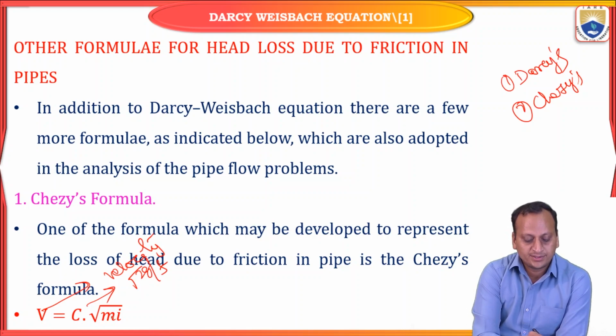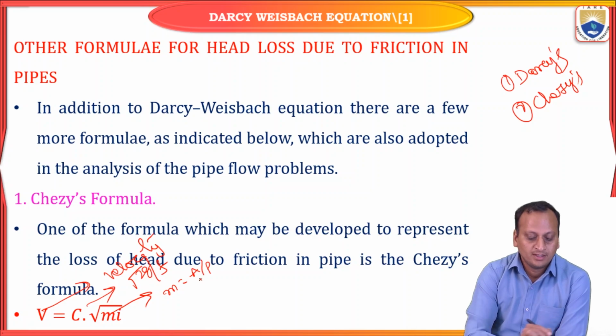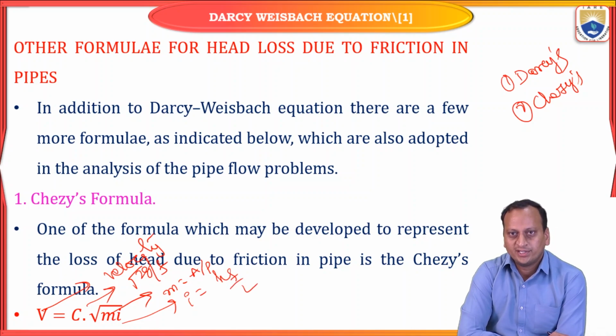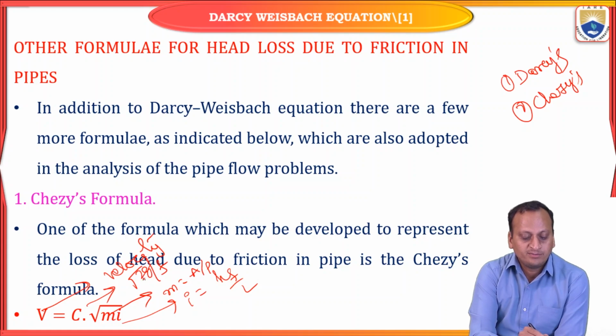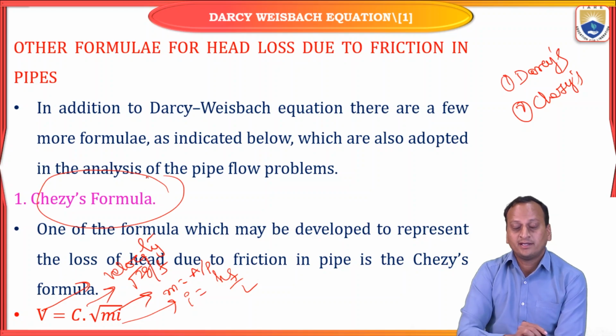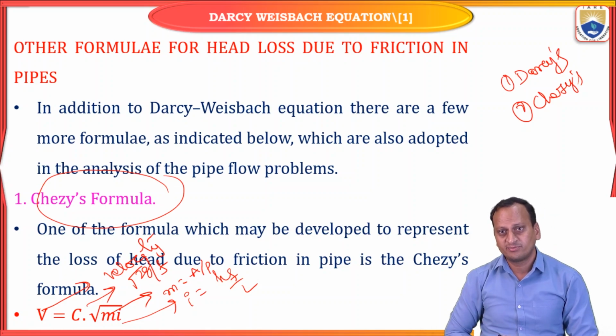Where m equals A by P, the hydraulic mean depth, and where i equals hf by L, the loss of head due to friction upon length. So by using all these parameters, we can also calculate the major energy loss like the Darcy-Weisbach equation.